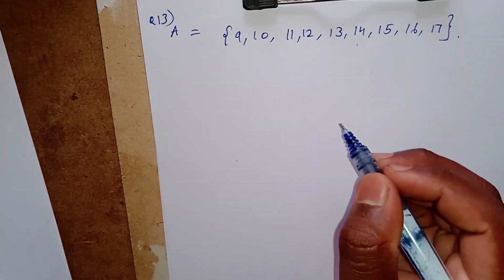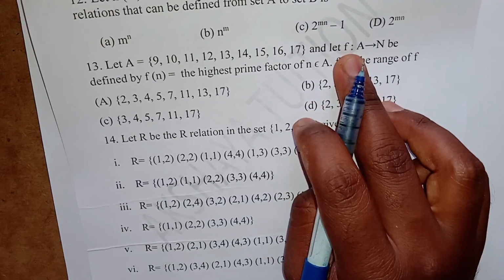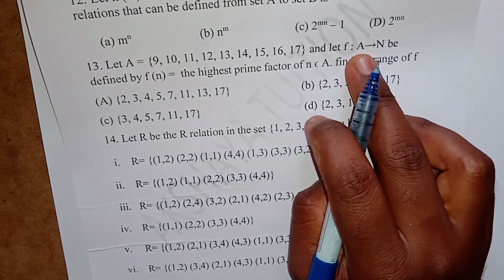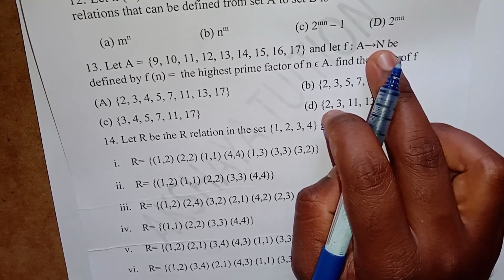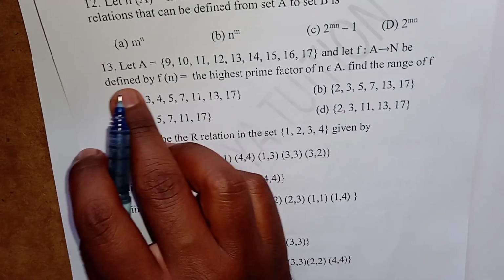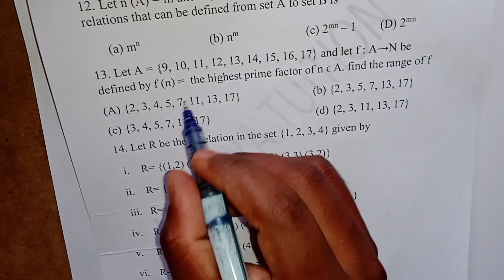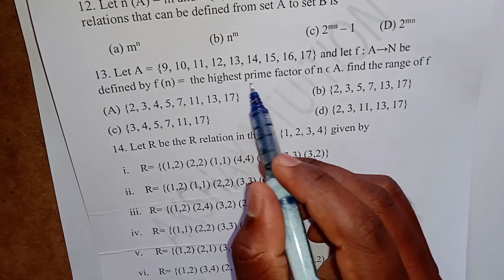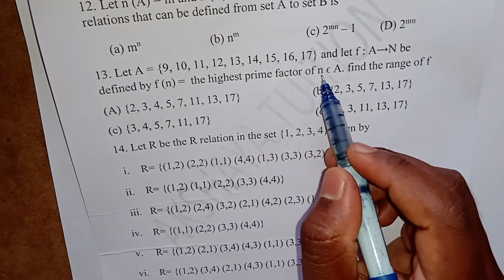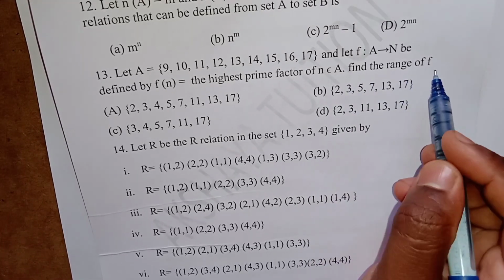Here, let function f from A to N, where N means natural numbers, be defined by f of n. Here, in the place of f of x, n is there. f of n is the highest prime factor of n, which belongs to capital A. Find the range of f.